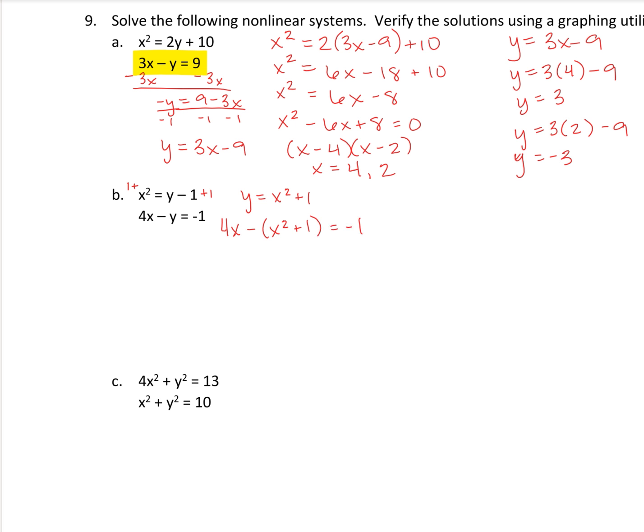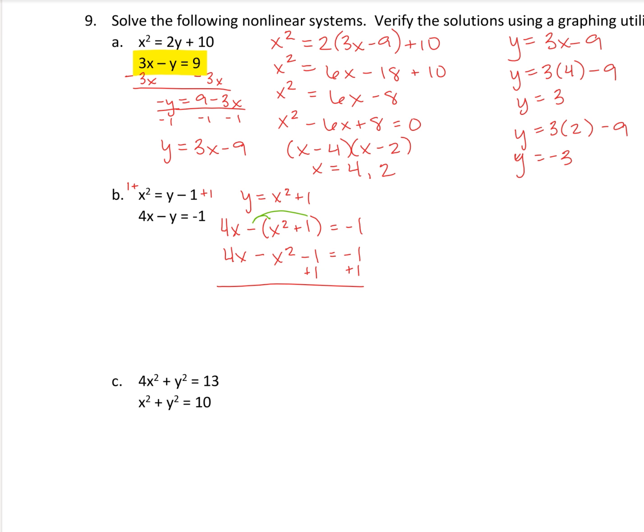Remember, you have to distribute the negative that is outside of the parentheses, so that you get 4x minus x squared, minus 1, and it equals negative 1. Move that 1 to the other side, so plus 1, because we want everything on one side.